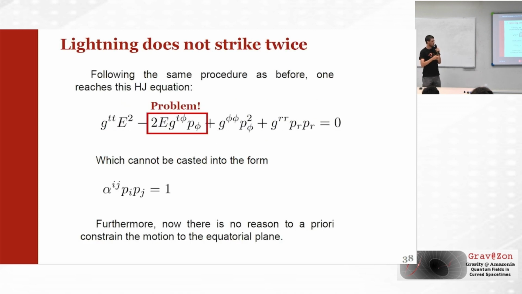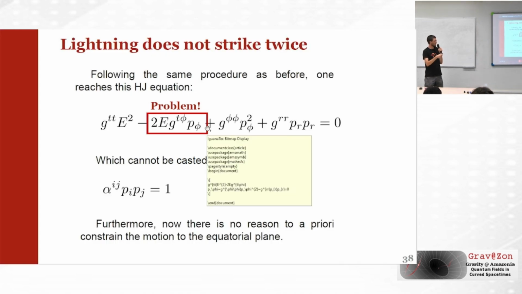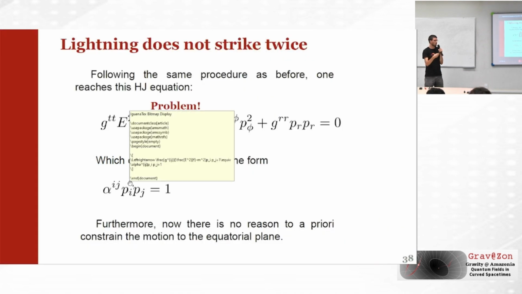Okay, so if we try to do the same thing as we did before, we notice that we have this term, which is linear in the momentum, which makes it impossible to cast this equation in this form here. Furthermore, there is no reason to a priori constrain the motion to be on the equatorial plane of the spacetime.